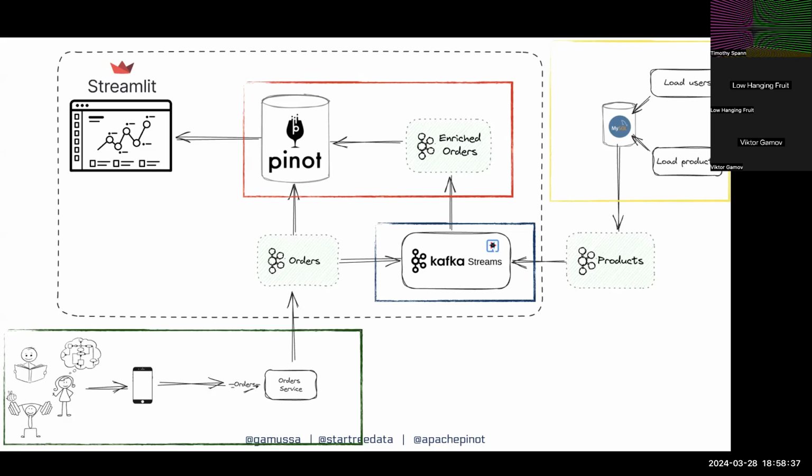There are jobs that allow you to feed the data from the file system, or you can use the integration with Kafka. It will do real-time ingestion. Every time we push an event inside the Kafka topic, specifically enriched orders, Pinot will take these segments into a real-time table, and it will be available to query immediately.